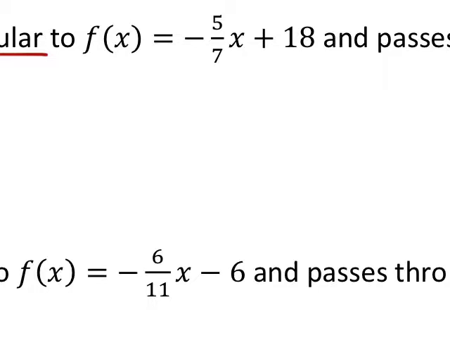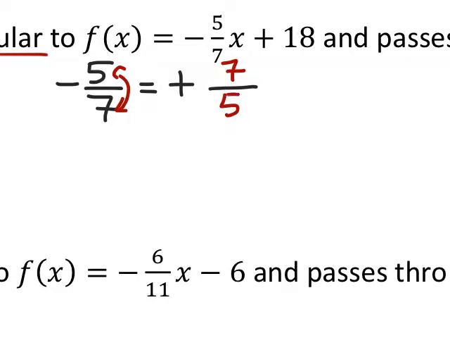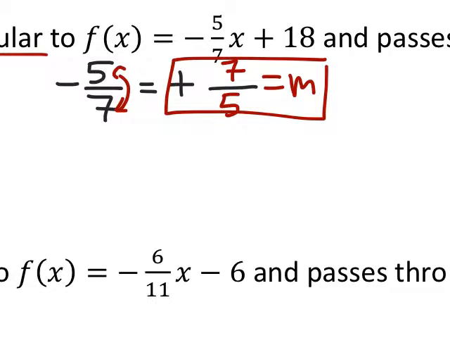So since it's perpendicular, it should be the opposite and the reciprocal. So this slope is negative 5/7. The opposite will be a positive, but we have to reciprocate 5 and 7. So we'll have a 7/5. And this is the new slope. This is the slope of the perpendicular line.